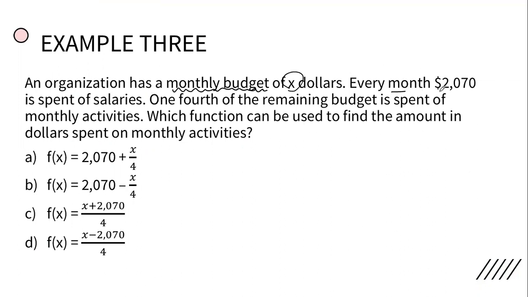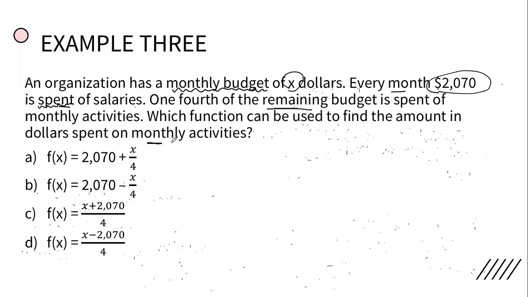So every month, $2,070 is spent, that's important, on salaries. 1/4 of the remaining budget is spent, let's just say, on monthly activities. Which function can be used to find the amount in dollars spent on monthly activities?